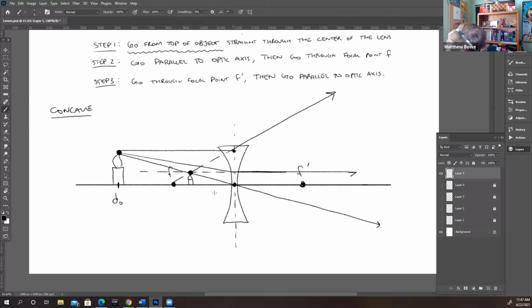I would say this image right here, D sub I. So I'd say this image, the image is, well, it's still pointed upwards. So I'd say this is upright.